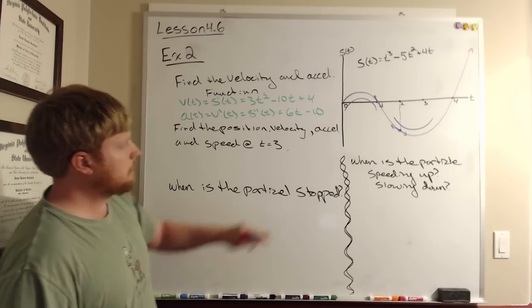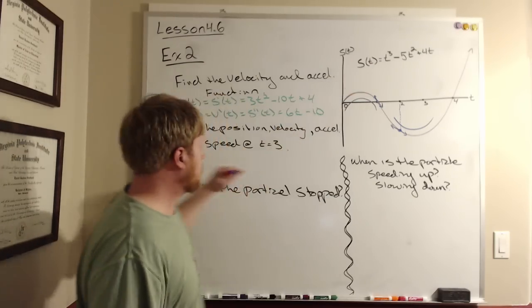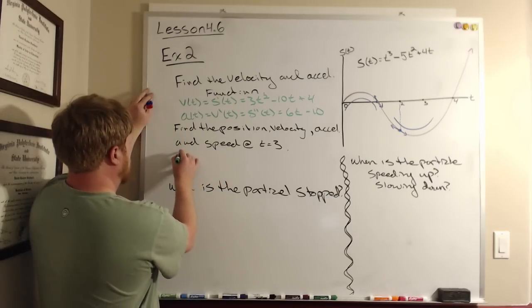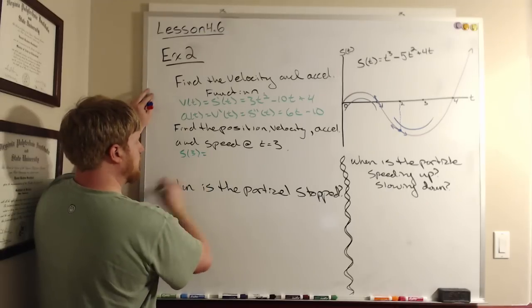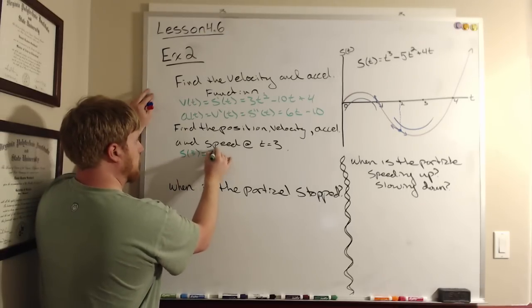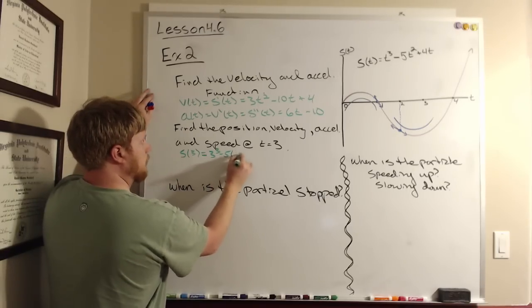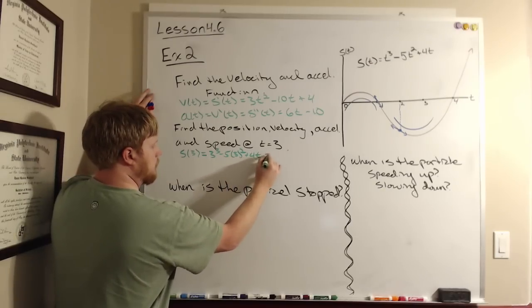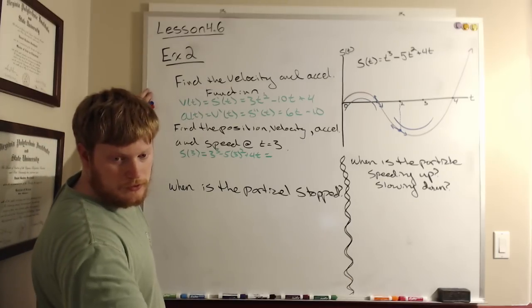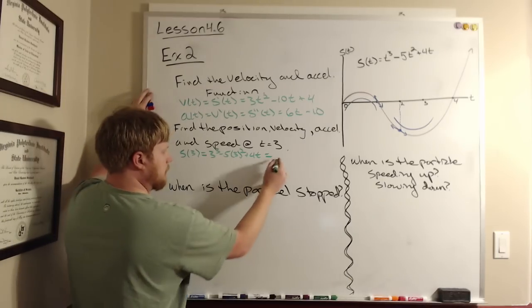The position uses the original function. So s of 3 is going to be 3 cubed minus 5 times 3 squared plus 4 times 3, which is negative 6.